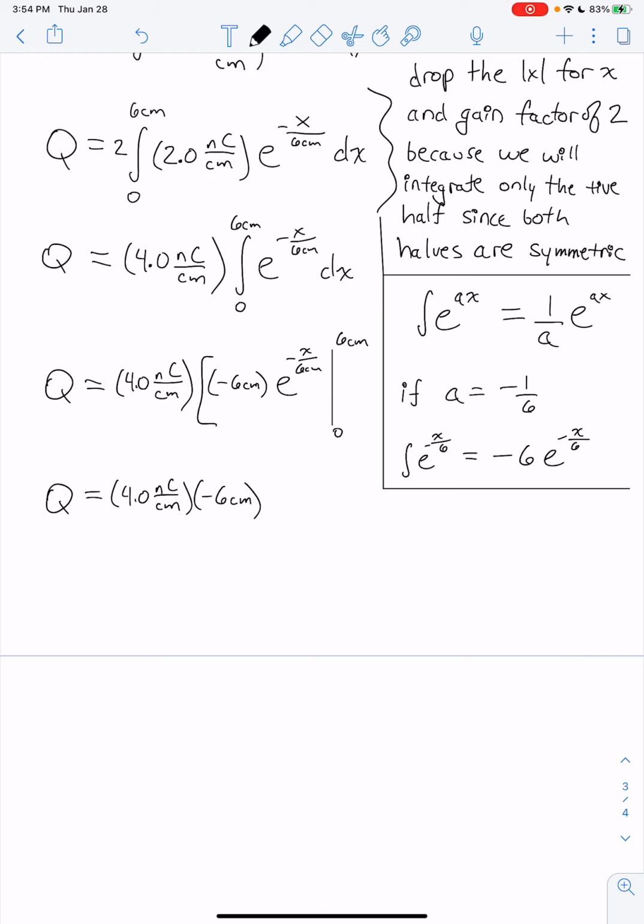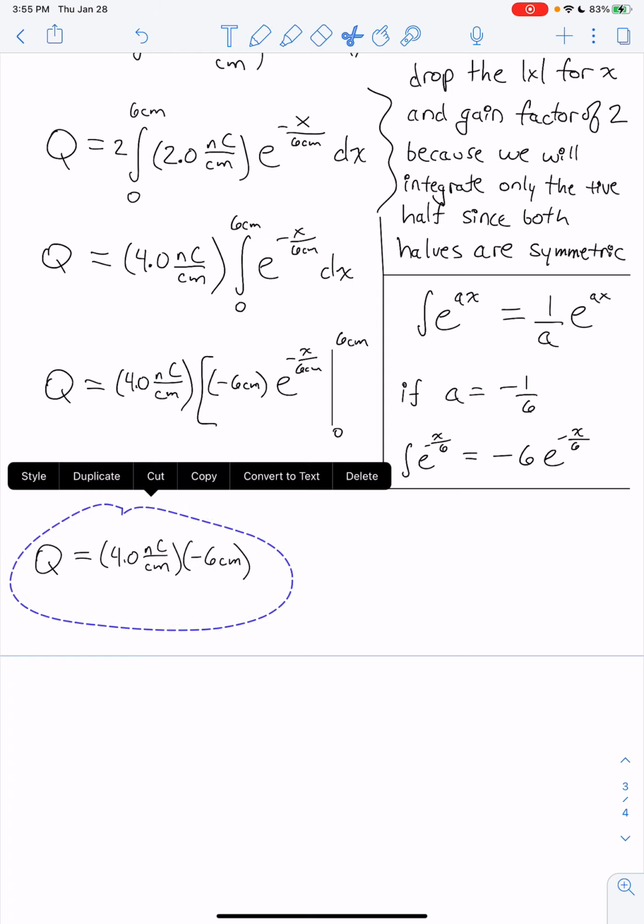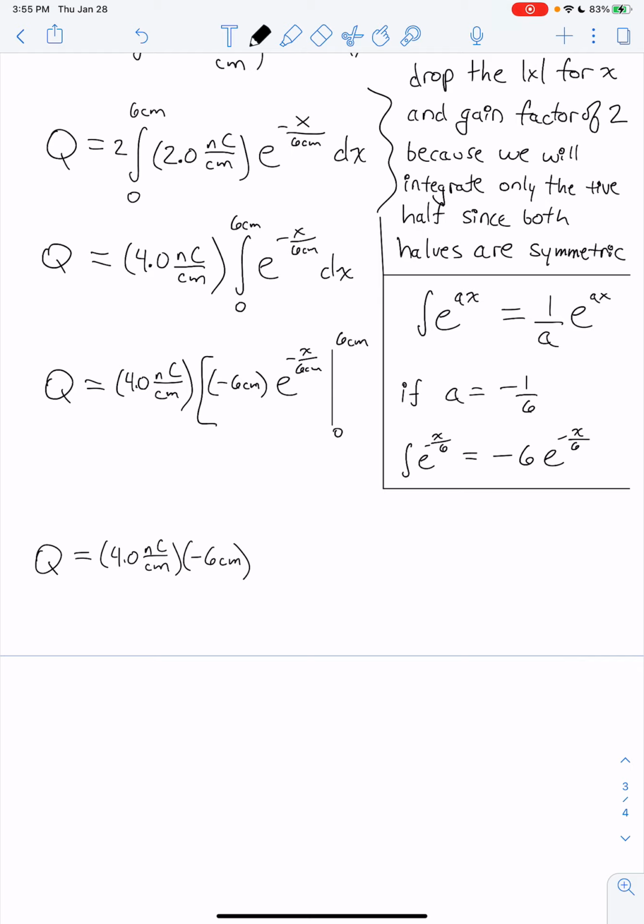That's excellent. And then here we've got e to the negative x over 6, evaluated from 0 to 6 centimeters.